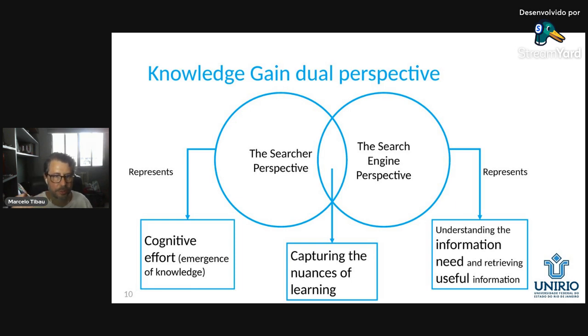But to capture the nuances of learning, we have to consider the interaction, the intersection of the two perspectives, and this is what I'm interested in.